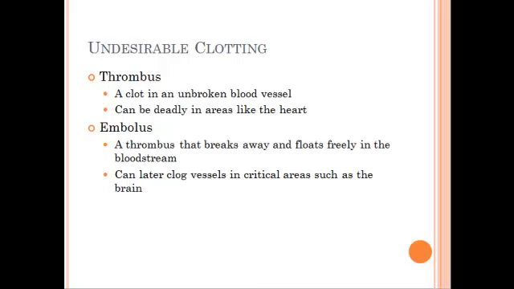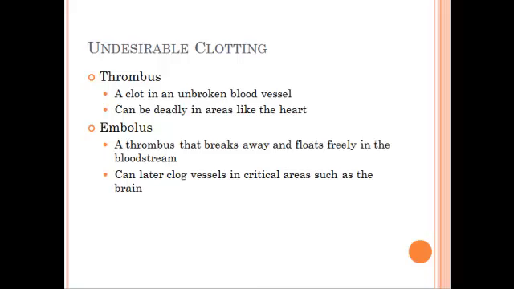So for example, if this thrombus flows through the blood, gets up to the brain, gets stuck in a blood vessel, suddenly we're cutting off oxygen to the brain. That we call a stroke. That becomes very dangerous. A thrombus can also be dangerous depending on where it forms. But again, in general, this is not going to happen. So we don't want clotting to happen where we don't want it to.